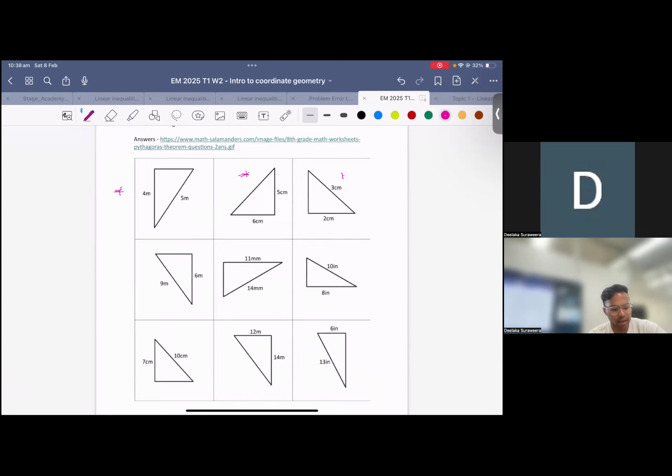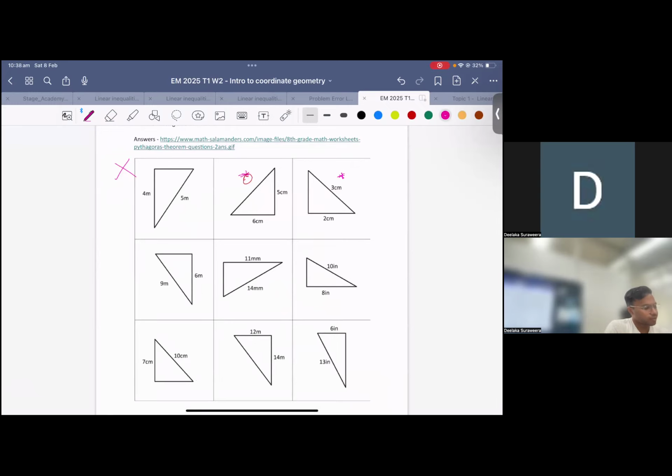Do at least 3. Doesn't matter as long as you have one of each type. That means you have one way you need to find the hypotenuse like this, and one way you need to find a leg. Actually, don't do this. This is easy. You've done this already. This one hypotenuse, one leg question at least. But do at least 3.